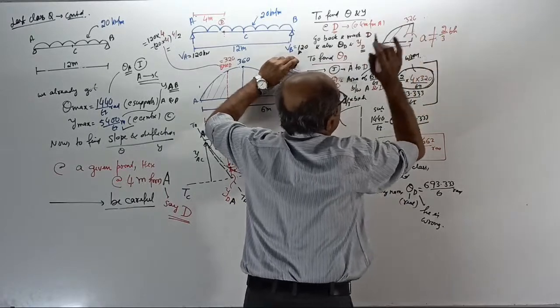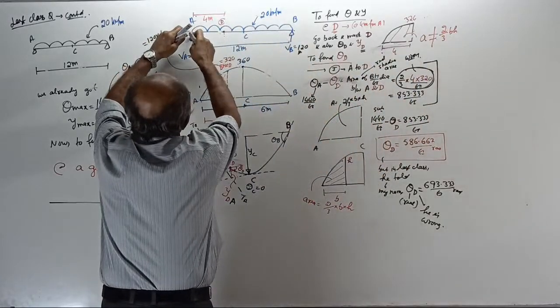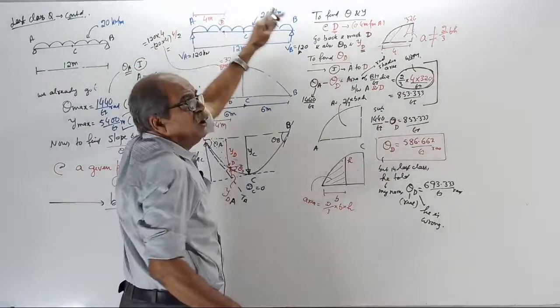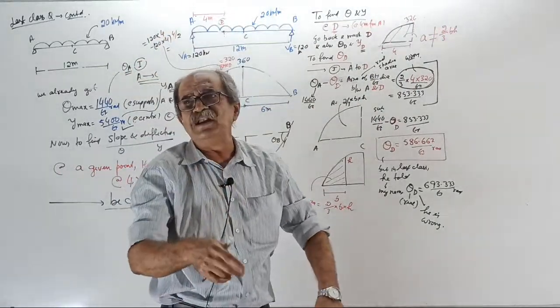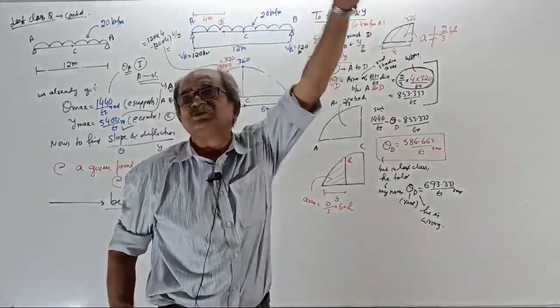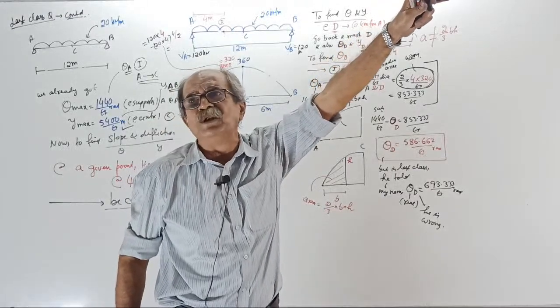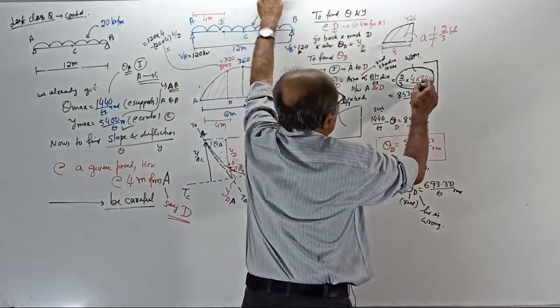It is 2/3 base into height only from A up to the center. I told you, 2/3 base into height is applicable only if you reach up to the center. You should not stop in between. In between, this is wrong.